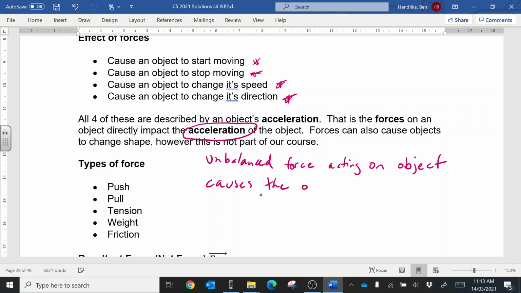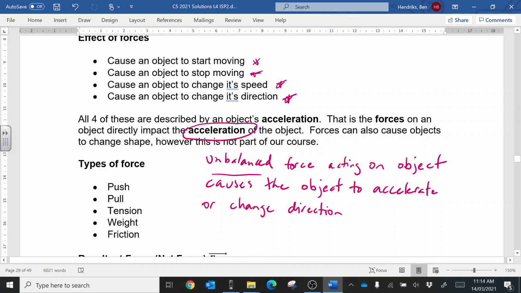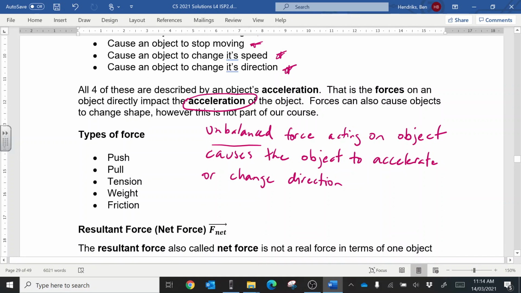It causes the object to accelerate or change direction. So that's the key concept that you need to understand. We'll talk about unbalanced forces later.